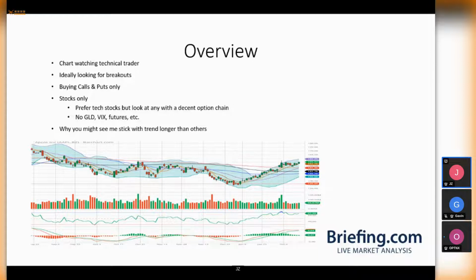Yeah, so really, I'm a chart watching technical trader. I'll pay attention to the headlines. I think it's good to know what's going on out there, but at the end of the day, things always come down to the chart for me. That graphic right there is what a typical chart will look like for me. You've got your Bollinger Bands, multiple moving averages, volume, RSI, MACD.